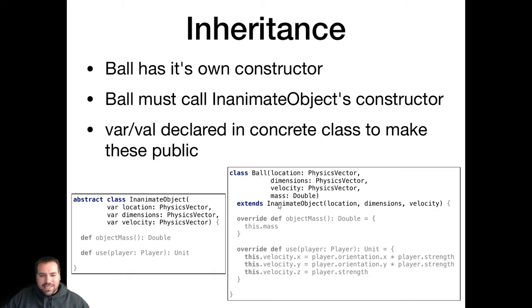But the ball class is extending an inanimate object, meaning it borrows all of it. It gets all the functionality from an inanimate object, which also defines location, dimensions, velocity. So when I type velocity down here, is it this velocity or is it this velocity that I stole from inanimate object? You should name these something different just to avoid the confusion of which variable you're going to access.